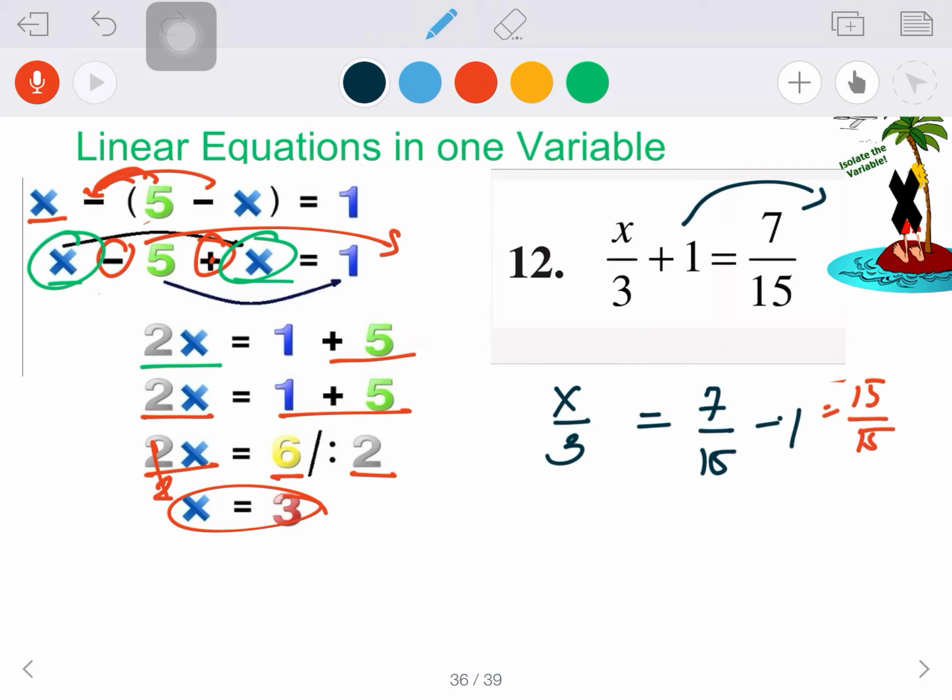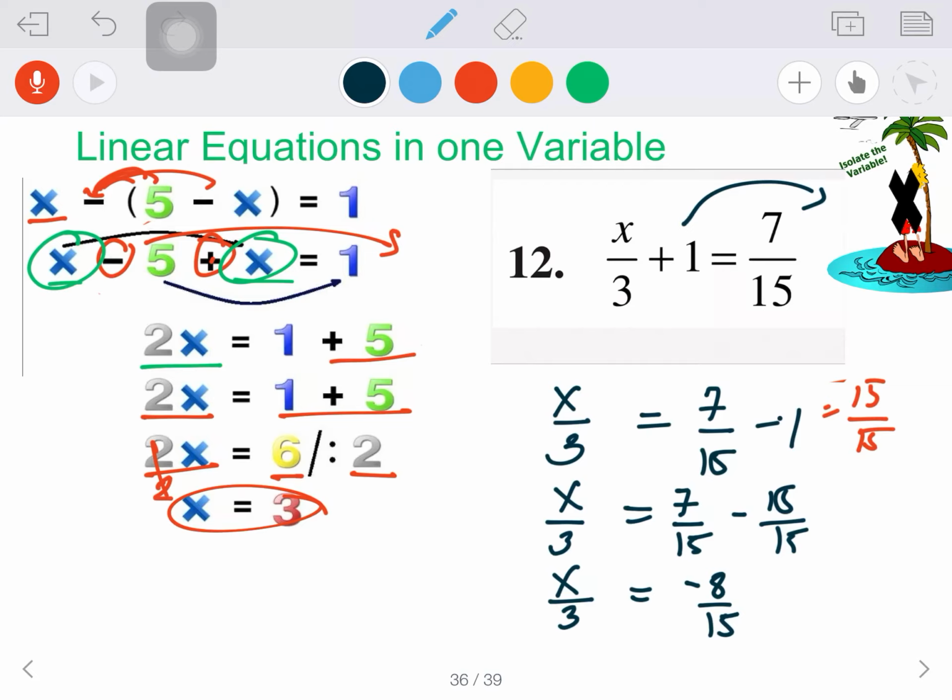So to rewrite this, you can write it as x over 3 equals 7 over 15 minus 15 over 15. To simplify, we have x over 3 equals negative 8 over 15. For fractions with a common denominator, you simply add or subtract the numerators and copy the common denominator.